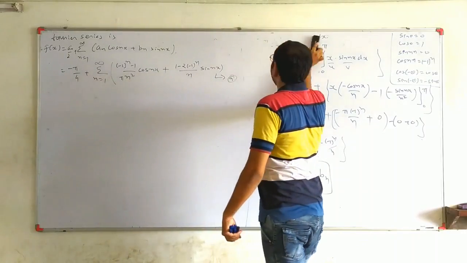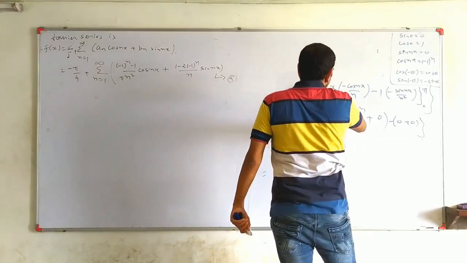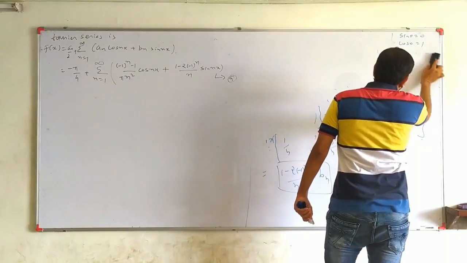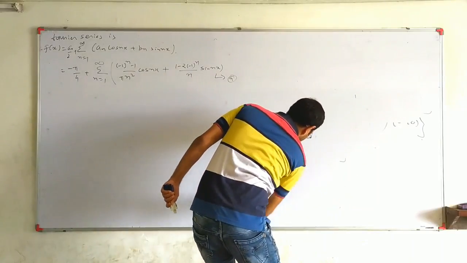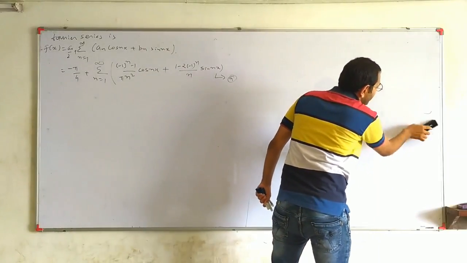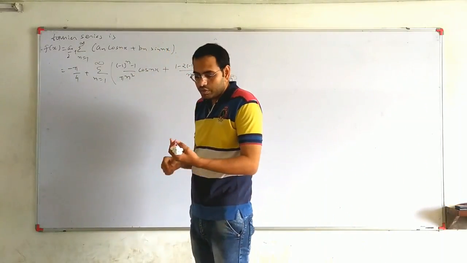Then we go for solving the deduced portion. How will we find the deduced portion? According to the function, we can say that our function is discontinuous at a particular position.